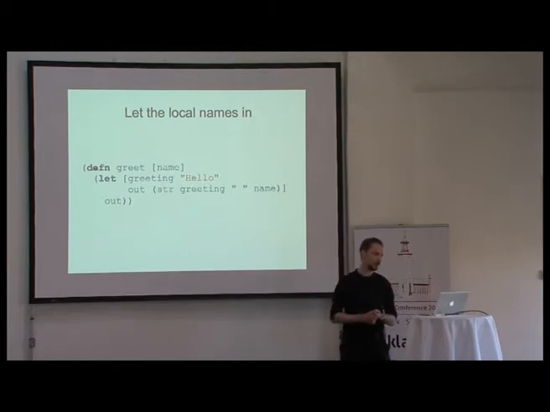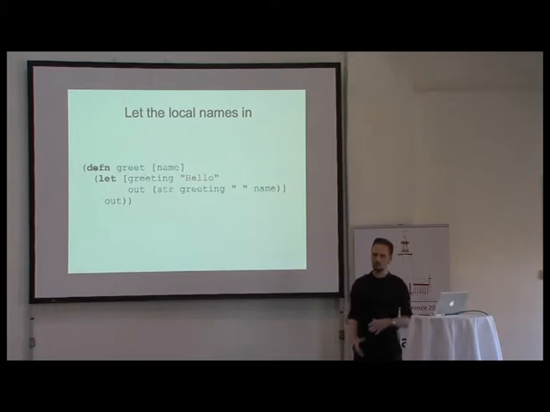And as you see, you can use the names occurring previously in the same let vector. So this is a way to create local variables. And everything evaluates to the body of the let expression, and the function evaluates to its body. So there should be nothing complicated with this.